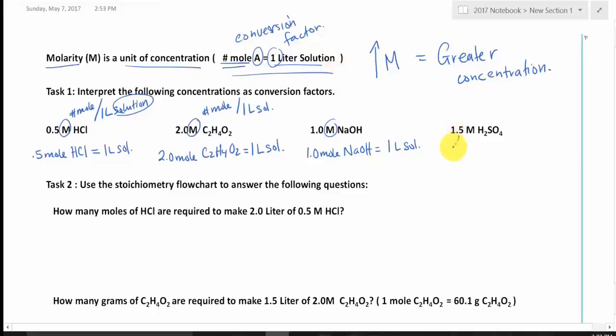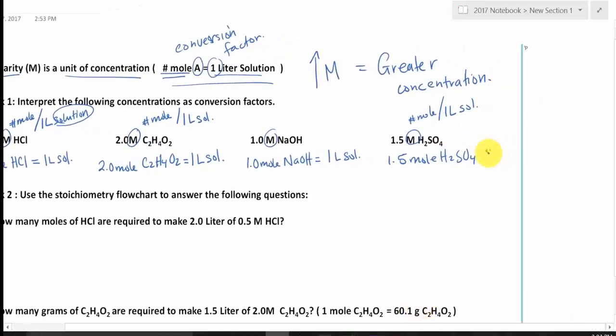And over here we have 1.5 molarity of H2SO4, so we have 1.5 moles of H2SO4 equal to 1 liter of solution. Isn't that easy?